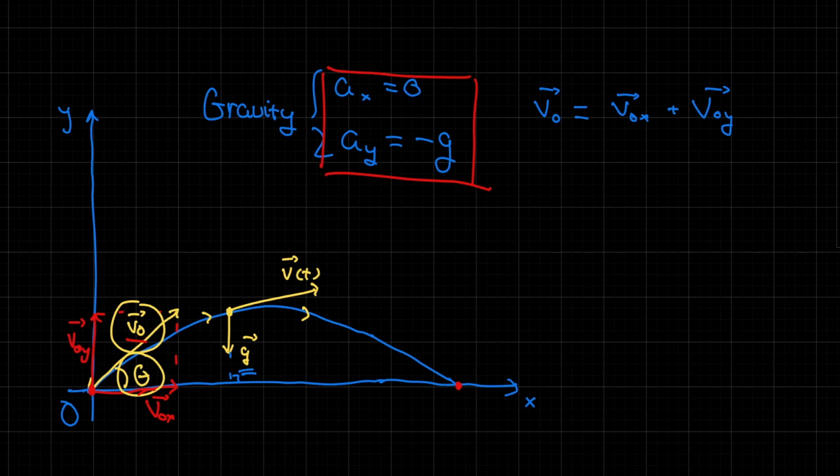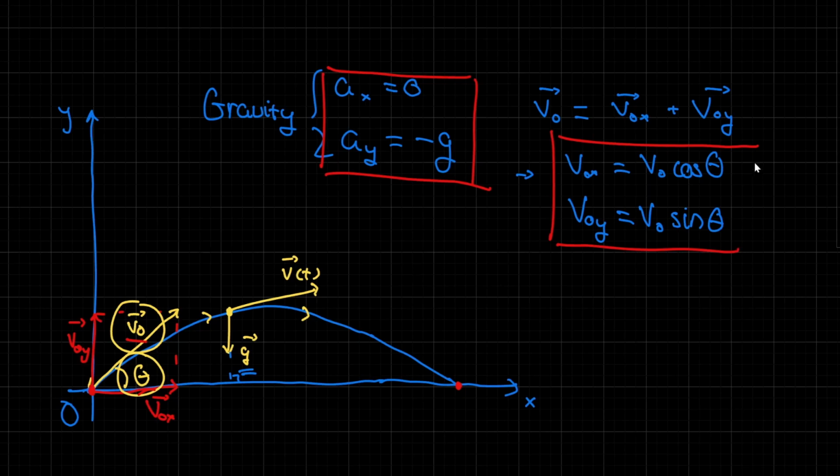And so you can also have this component is v0 cosine theta, and the y component is v0 sine theta. And these two are the first things that you should remember when doing projectile motion problems.